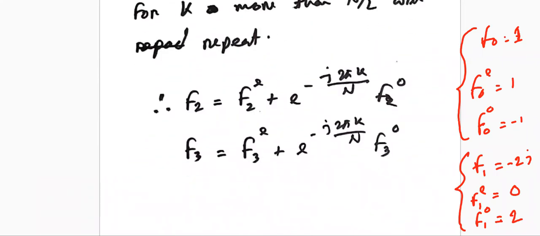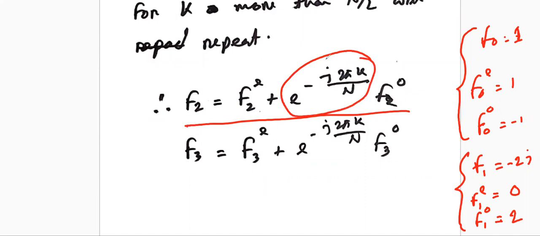So now this is the process. Based on that previous example, we can write it. Of course, we know it. How can we know that? Because as I already mentioned, e to the power j 4 pi k by n can be written as twice pi k, so they are the same function.